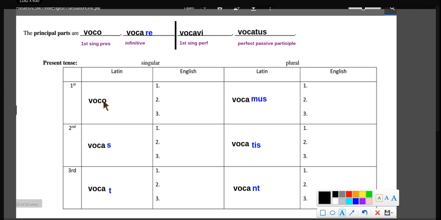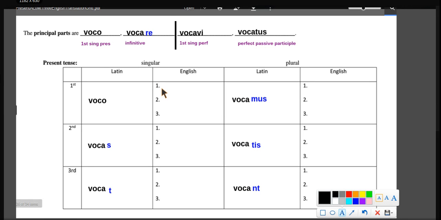So this O ending here is actually I, so to speak. The S would be you in the singular. The T would be he, she, or it. The mus would be we. The tis would be you all. And then the third plural ending, nt, is they. So instead of having separate pronouns, most often, Latin simply indicates it by endings.